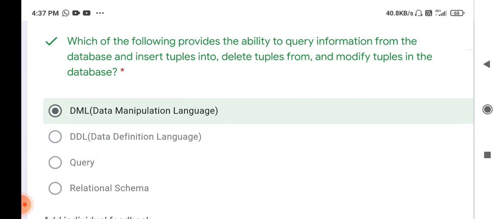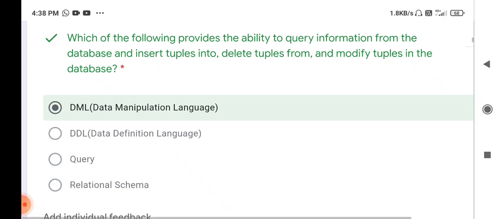The first question is, which of the following provides the ability to query information from the database and insert tuples, delete tuples, and modify tuples in the database? For this question you must know the concept of DDL and DML commands. This question mentions commands like insert, delete and modify. Insert, delete and modify are called DML commands, that is, data manipulation language.